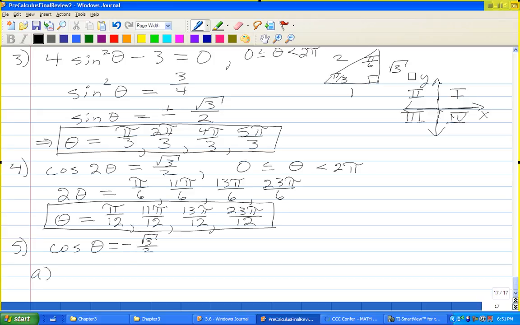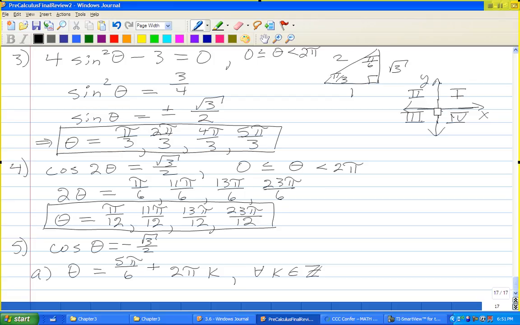And so let's see. Cosine of pi over 6 is root 3 over 2, the adjacent over the hypotenuse. And so the reference angle is pi over 6. So the first one is 5 pi over 6 plus 2 pi k, and this is for every value of k, which is some integer.